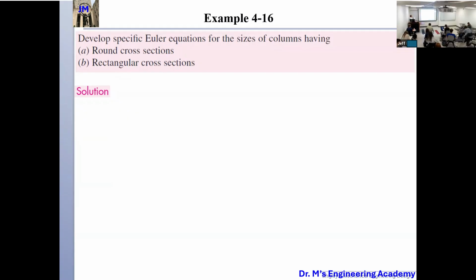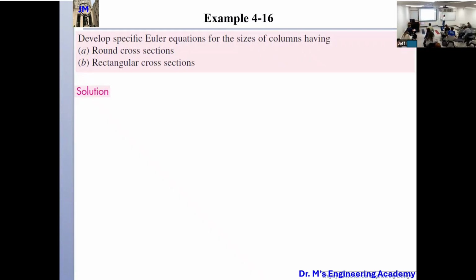So this is the Euler equation, okay? We want to derive a specific Euler equation for the size of this one, for the round cross section and this rectangular cross section. And how to do that? We need to take a look at the cross section.